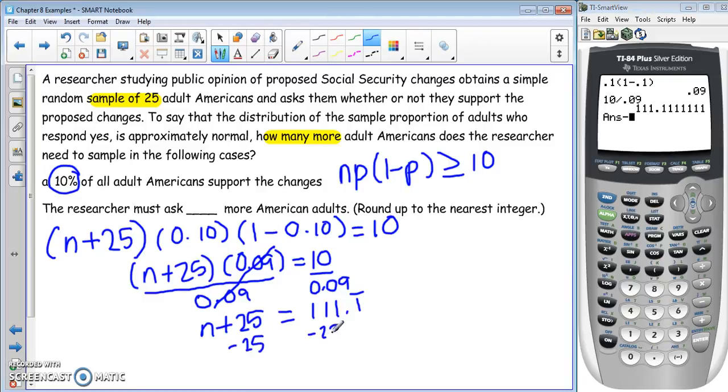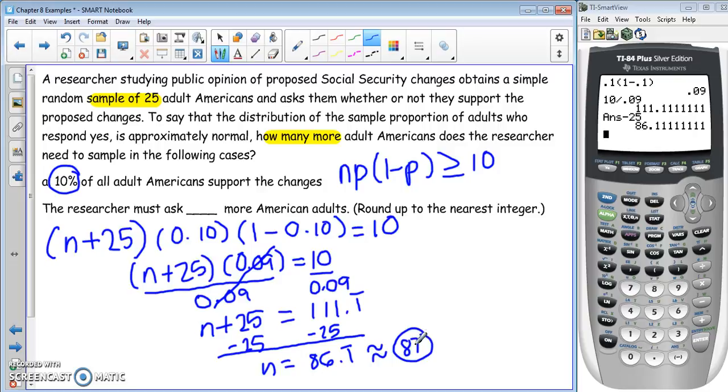I'm going to subtract 25 from both sides. When I do that, we get 86.1 repeating. Typically if we round this would be 86, but we round up, so this is 87. So we need to ask 87 more adults.